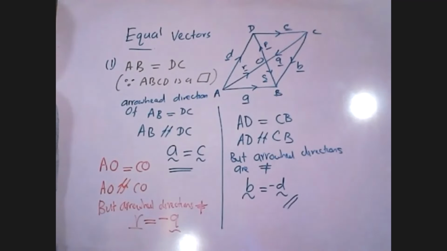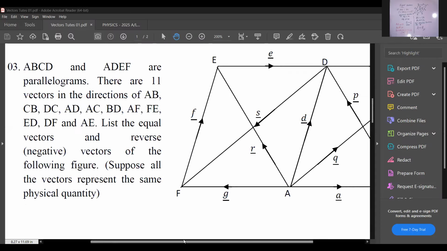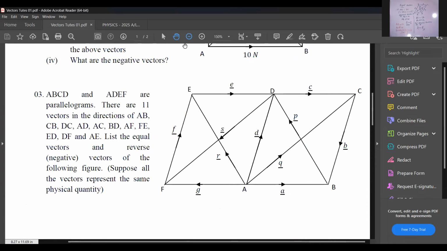Then you can do the third question before the second question. Third question first. First thing, you have to copy this down. Please copy the diagram.